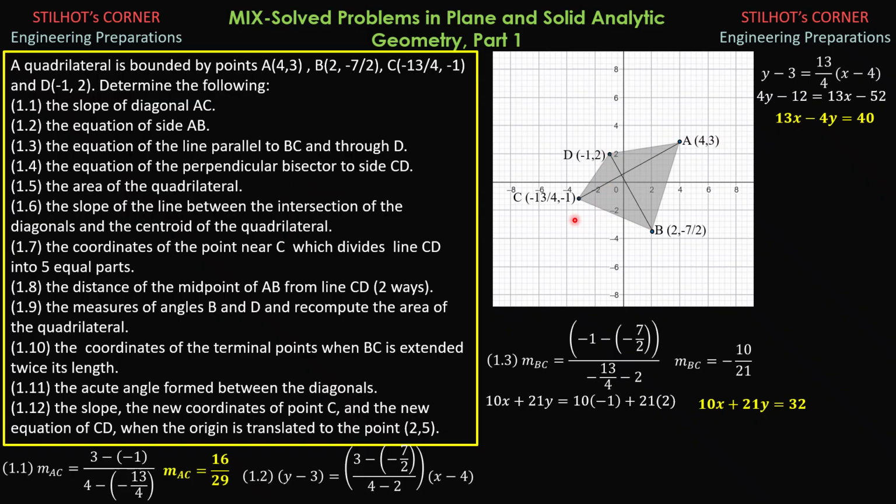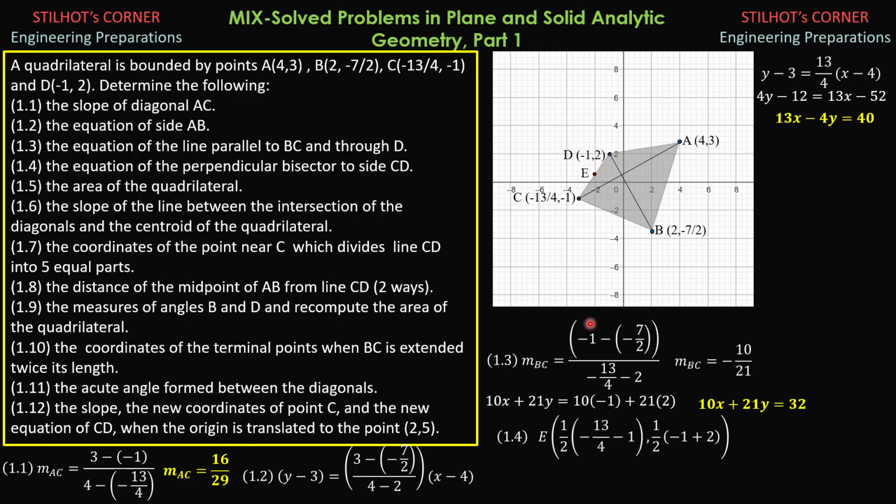This is CD. Perpendicular bisector means it's the line through the midpoint and perpendicular to that side. So we locate the midpoint first, E. The coordinates of E are 1/2 of negative 1 plus negative 13 over 4, and 1/2 of the quantity 2 plus negative 1.